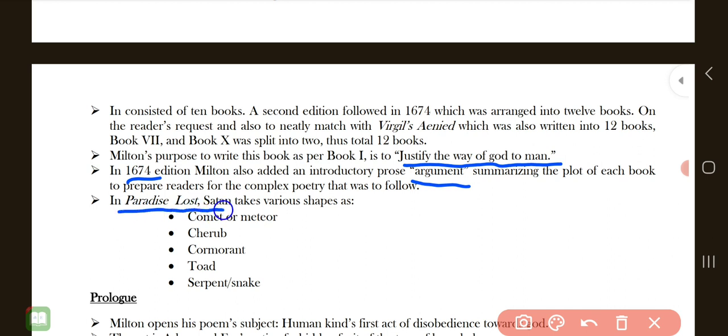In Paradise Lost, the major character, the antagonist or villain, is Satan.